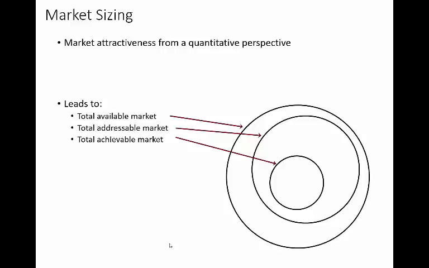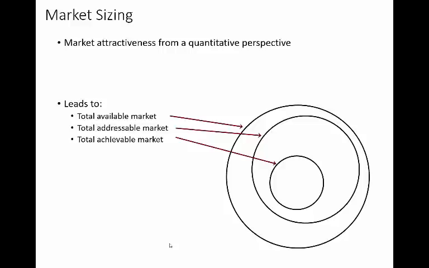And then total achievable market is the market share that we could expect to earn if we were to pursue that opportunity. So total available market, the marketing universe; total addressable market, the percentage of the total available market whose needs we could meet and who would be qualified to purchase from us; total achievable market, the percent of the total addressable market that we can actually expect to earn.